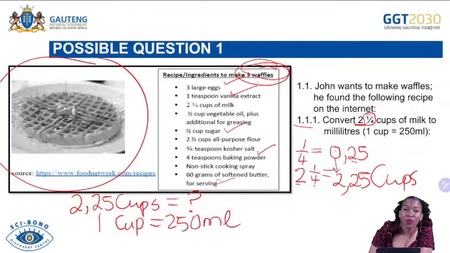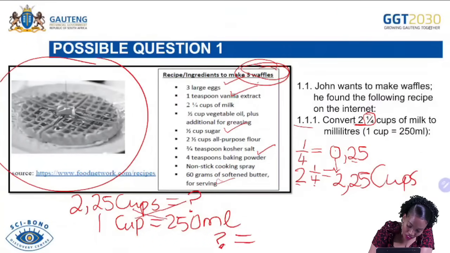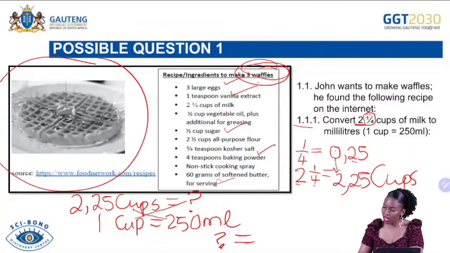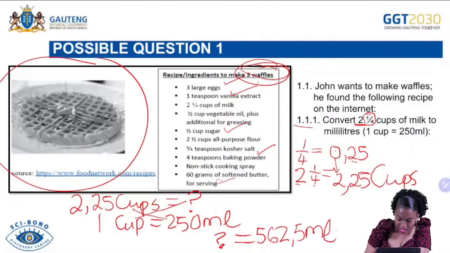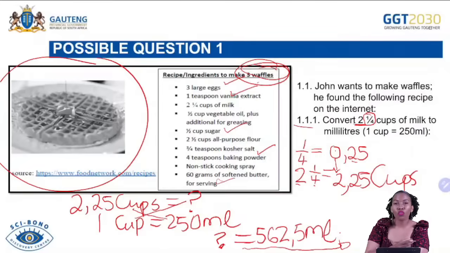And then from here, we can substitute. 1 multiplied by that, it is still the question mark, equals 2.25 multiplied by 250, guys. I hope you are working it out there. I'm getting 562.5 milliliters. So if we do our conversions, the answer would be 562.5 milliliters.